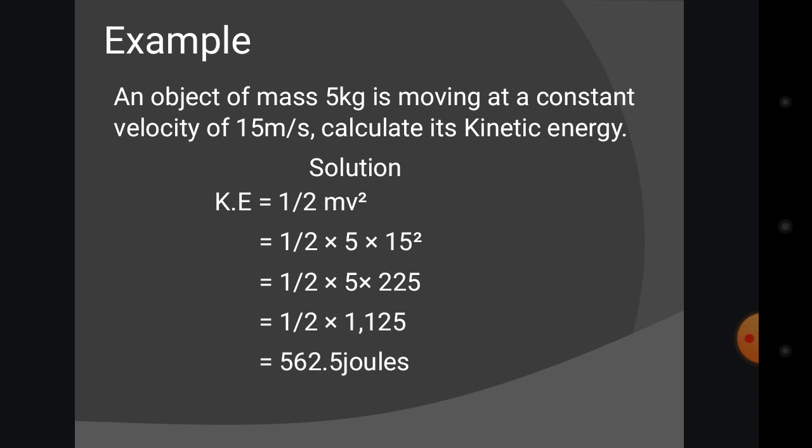So this is for the multiplication of the velocity because it is in square. Okay, the third step: 1 over 2 times, then we just multiply this 5 times 225.